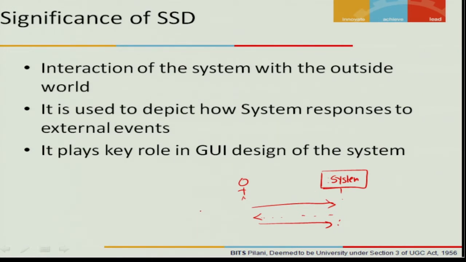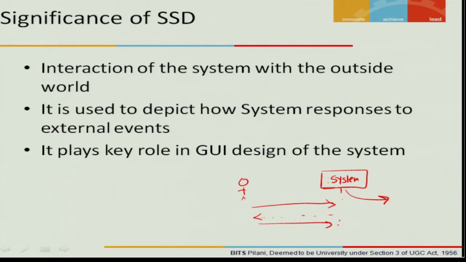So what will be the use of such a system sequence diagram? Showing this interaction, how is it useful for the designer? Are we saying that programmers will directly use SSD to write a program? No, this is not possible, because the system sequence diagram gives the overall interaction of the system with the outside world.